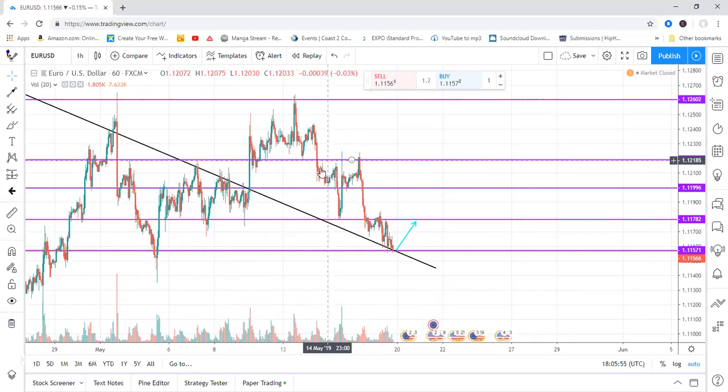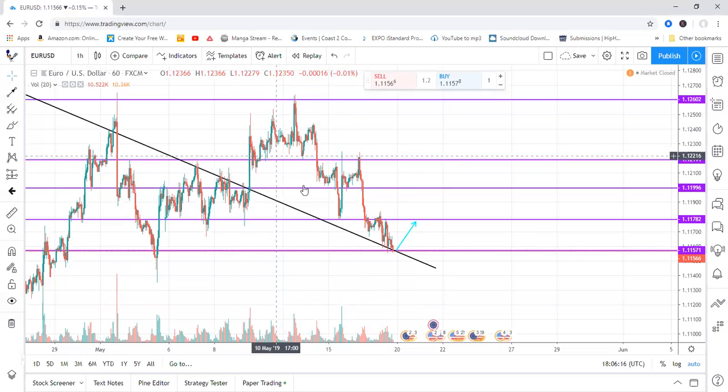As you can see, when it broke through this support area that was supporting this movement right here and goes underneath, it becomes newfound resistance.